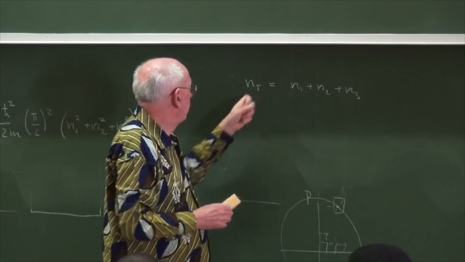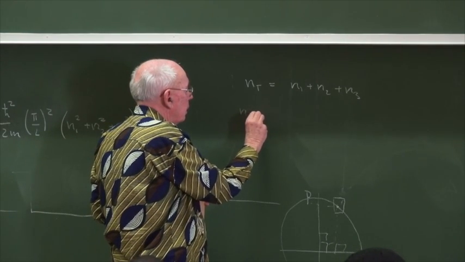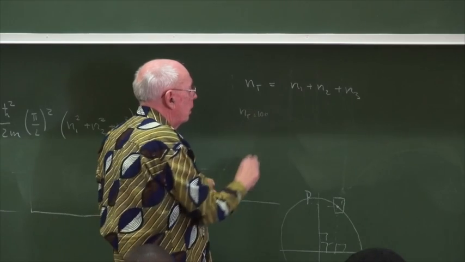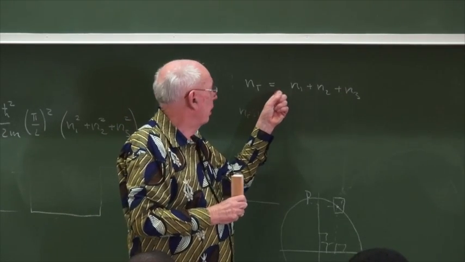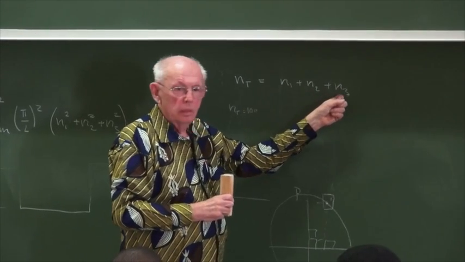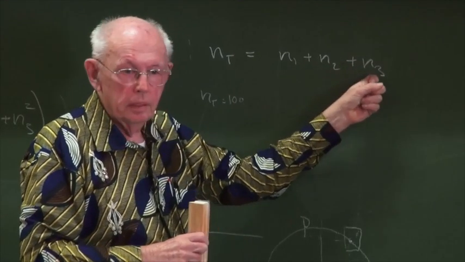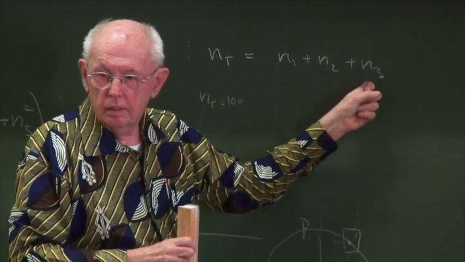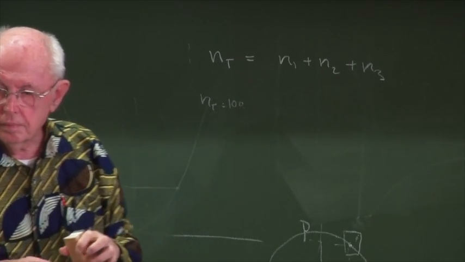So I want to say nt is 100. Then I can have 1, 1, 98, 1, 2, 97, 1, 3, 96, and so on. So I can have all these combinations.